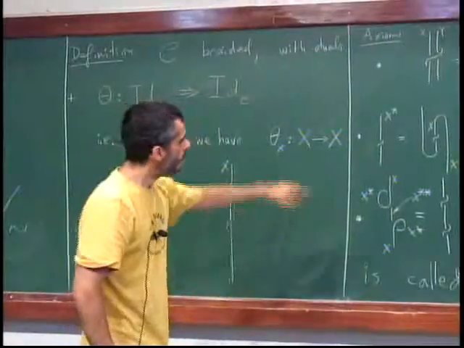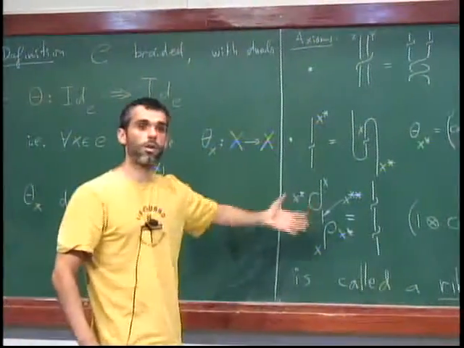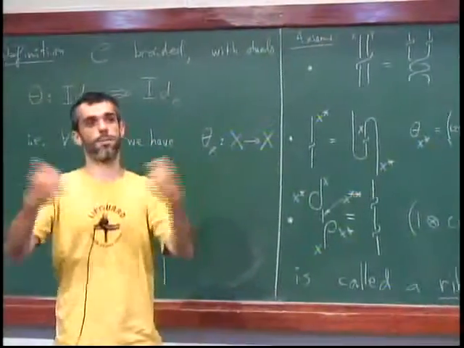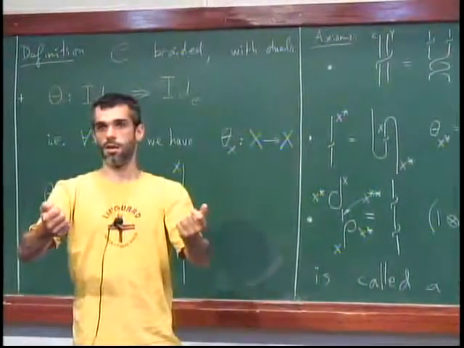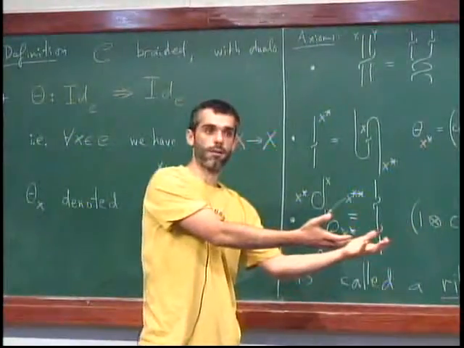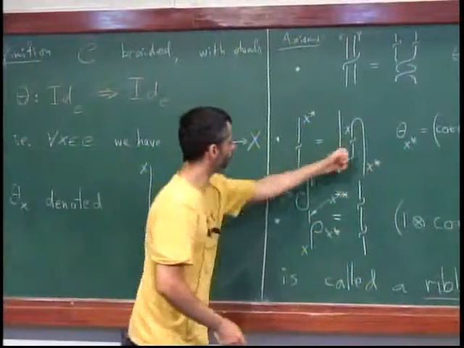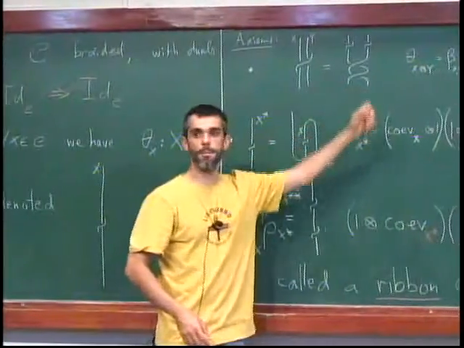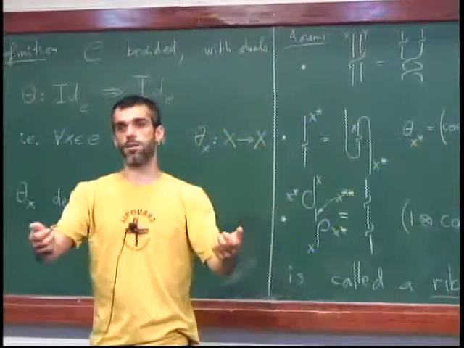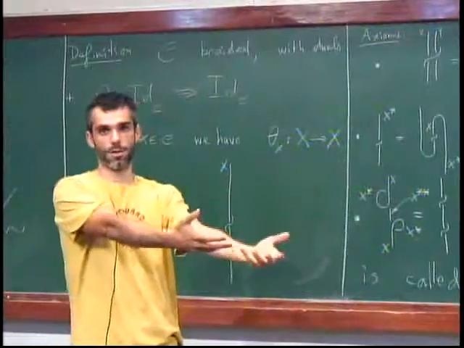And it turns out that these axioms are exactly the axioms that you need to impose so that anything you could possibly do in 3 dimensions becomes an equation in the category. So here I've imposed this equation and that equation and that equation, but it turns out that this is exactly a set of generators, so that anything you can do in 3 dimensions becomes an equation in the category.